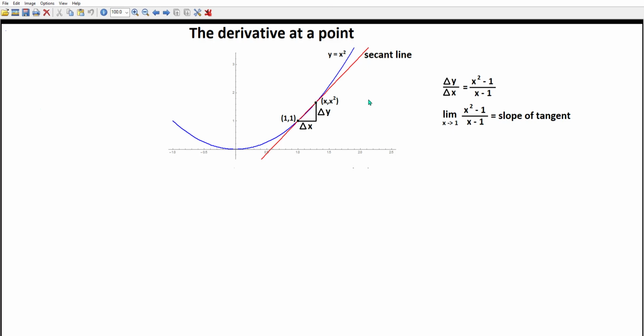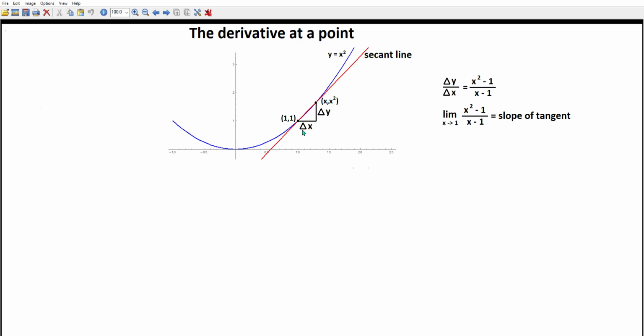In the first lecture, we looked at the question of how to find the slope of the tangent line to y equals x squared at the point (1, 1). As you recall, we found a point on the curve y equals x squared with coordinates (x, x squared). We drew a line between those two points, which we called the secant line.